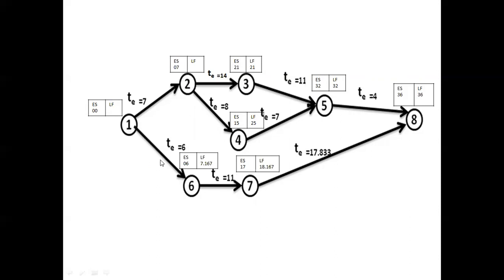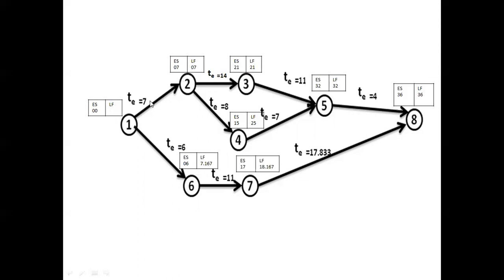Latest finish time for activity 1 to 6 is 7.167. Then latest finish time for 1 to 2 is 21 minus 14, that is 7. Then 7 minus 7 is 0. 7.167 minus 6 is 1.167. Then the minimum is 0. And one more thing is it must be 0.